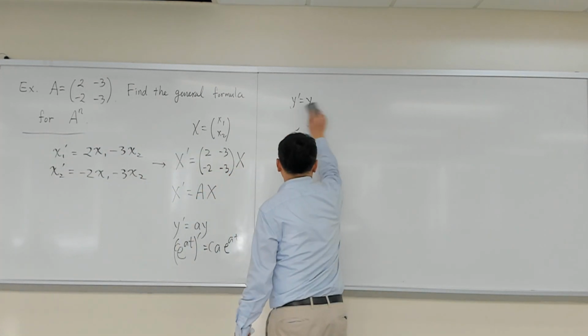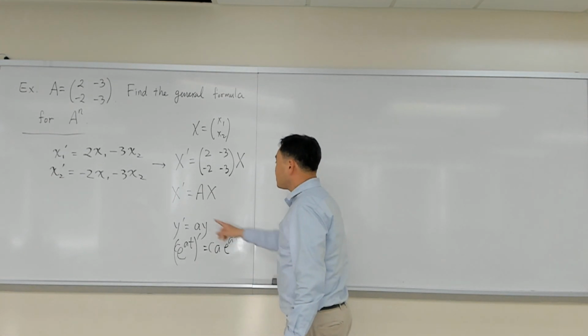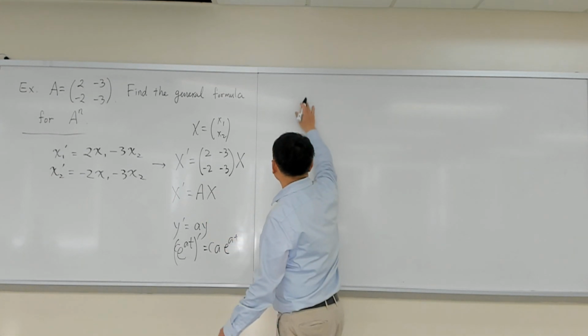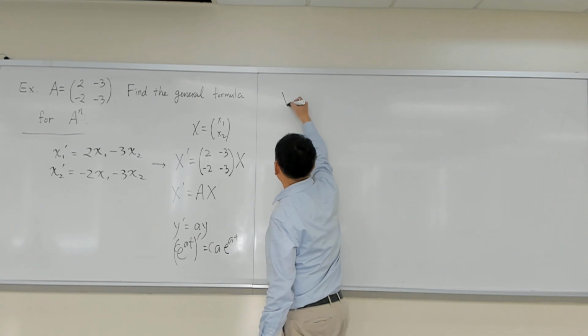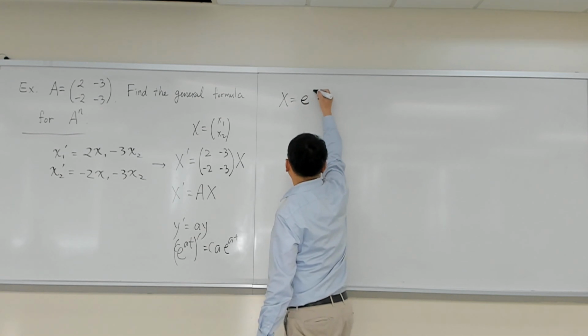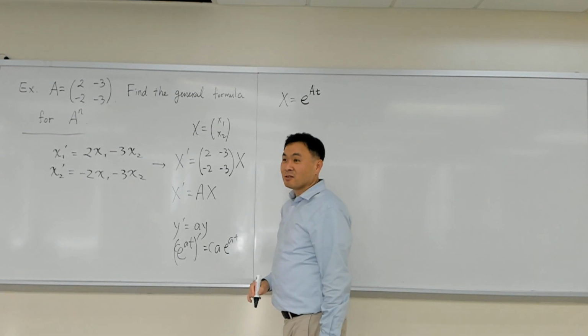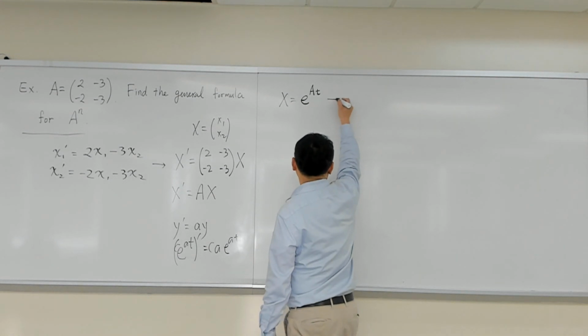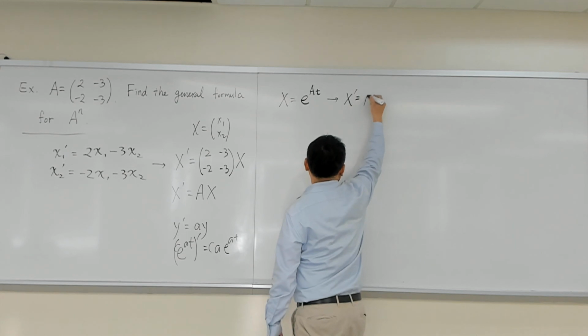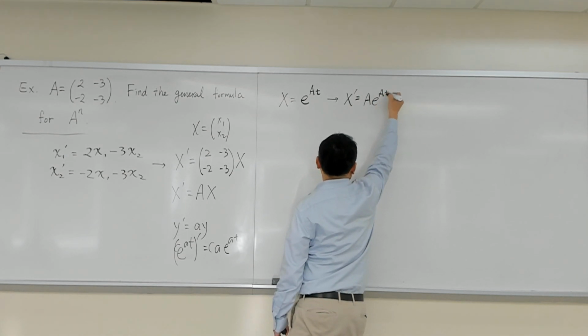So you look at this and say, hey, if there was a way to take x as e to the capital A t, then wouldn't you be able to differentiate this and get A times e to the At?